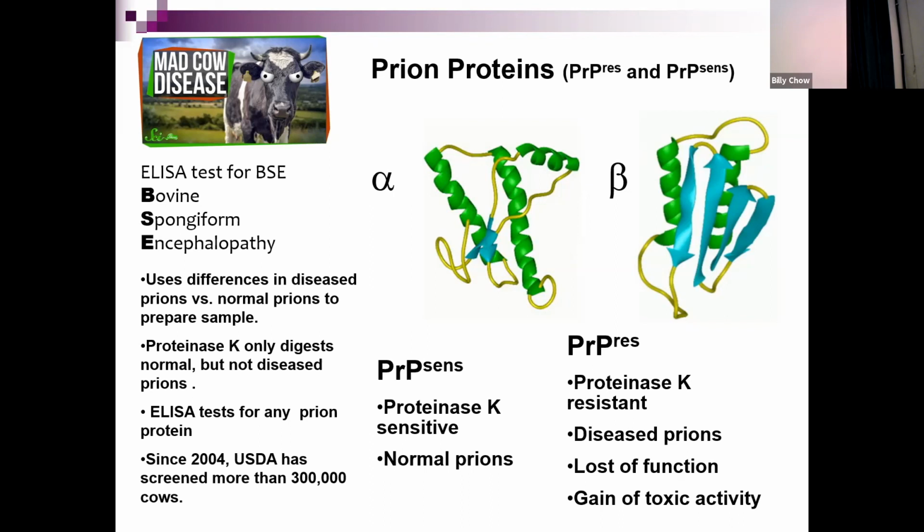But because of the conformational change of the protein with the mutation, this protein is proteinase K resistant. You can therefore use this property to distinguish the two different forms of the prion protein by using brain extracts from different cows. Right?